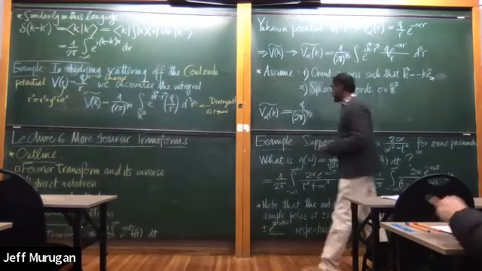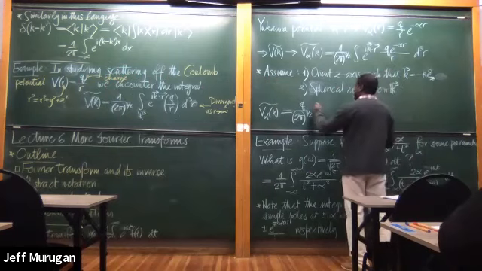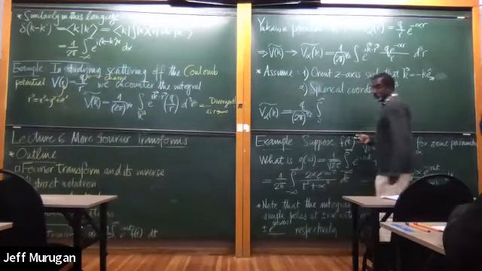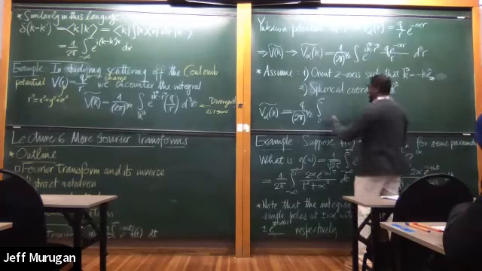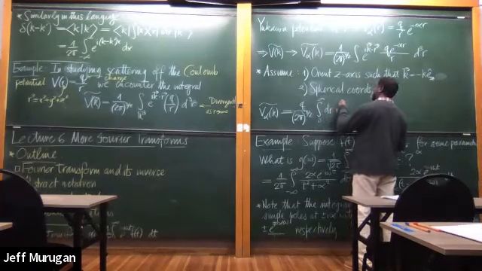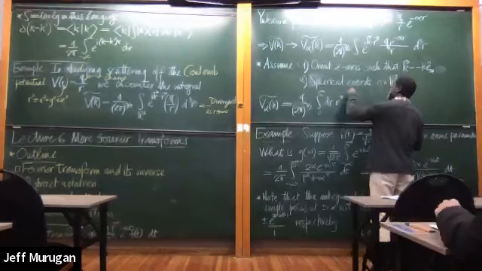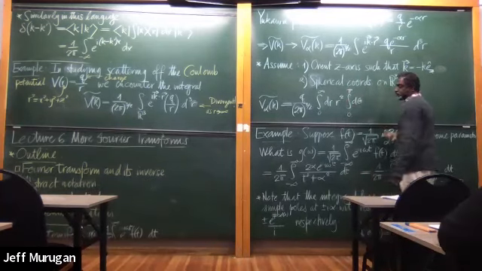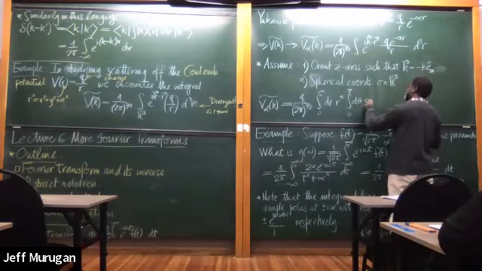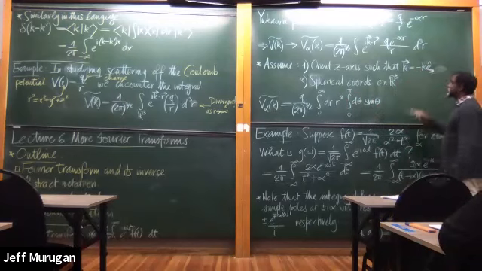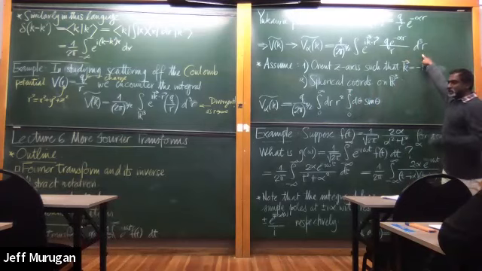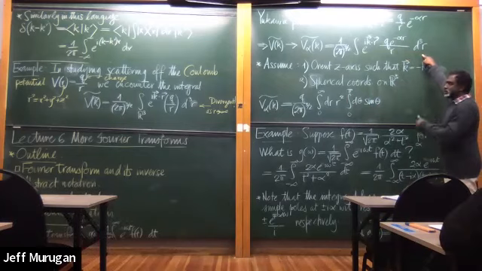Take out the charge Q. I have an integral from 0 to infinity of dr r squared, integral from 0 to pi of d theta sine theta. This comes from the measure of the integral, so it becomes r squared sine theta dr d theta d phi.